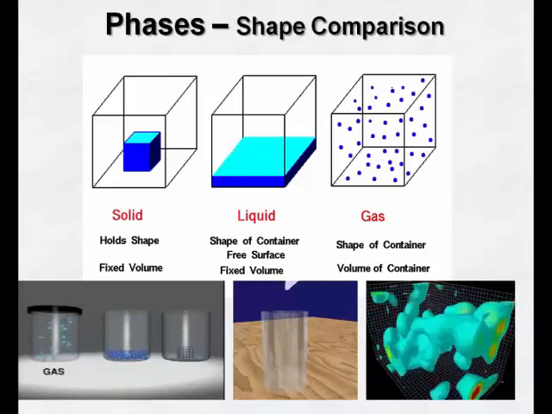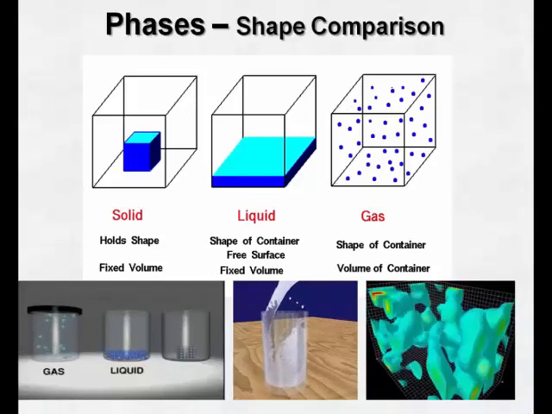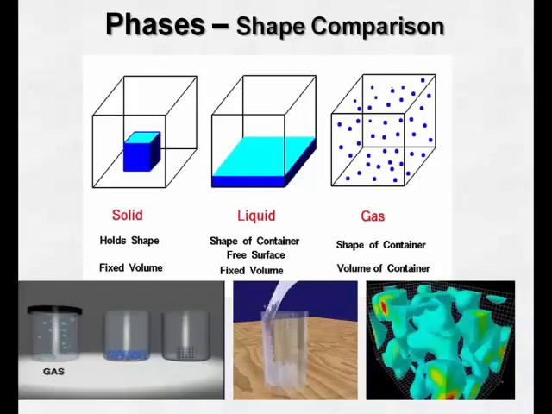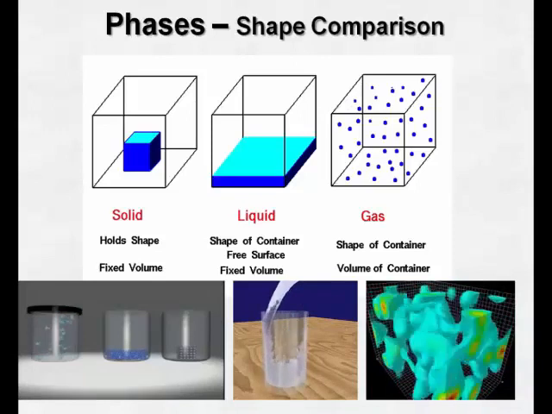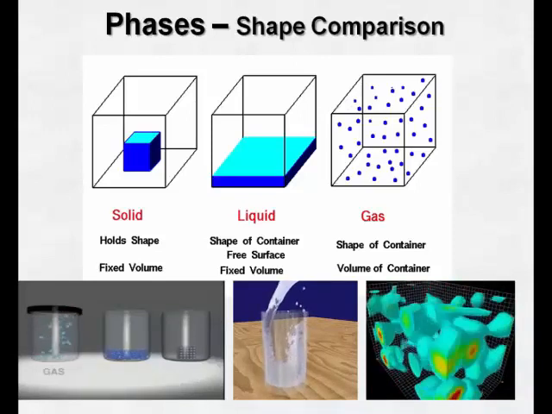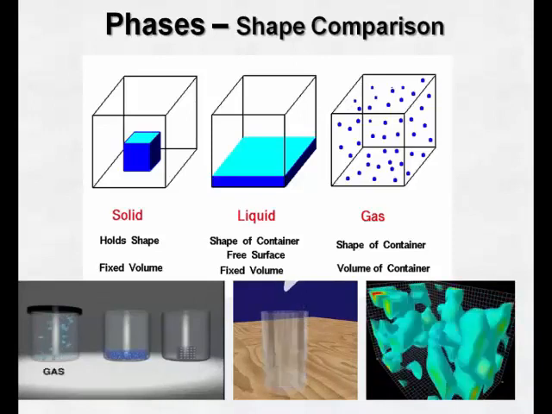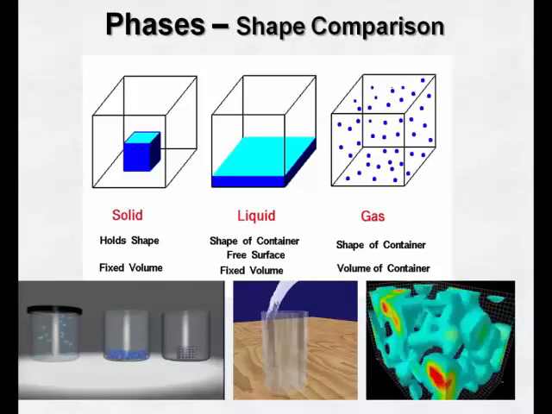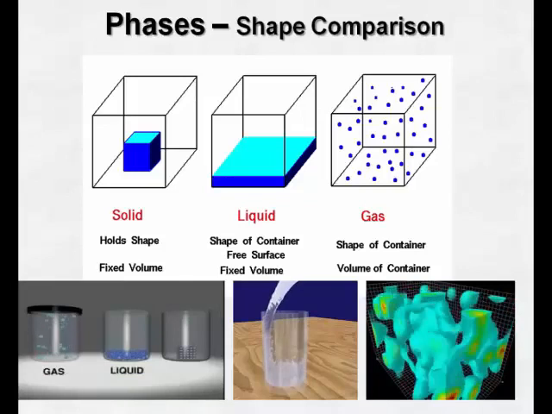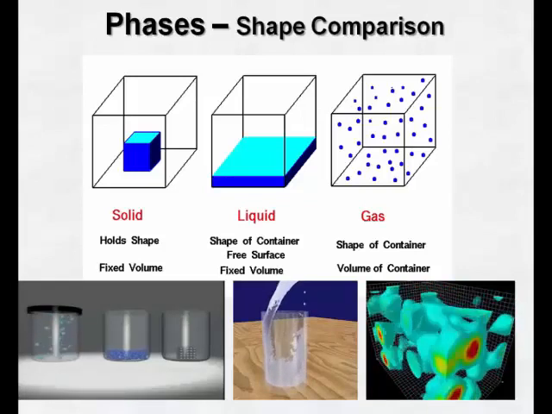Look at the bottom figure. It shows it will form the shape of the glass. And the next figure shows how the liquid molecules hit the wall of the surface. Next one is gas. It can move freely in the container and take the volume of the container.